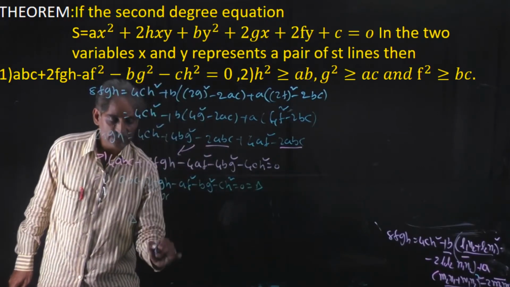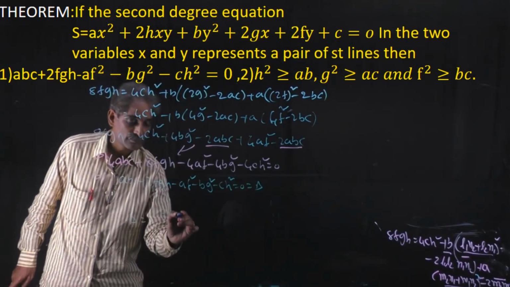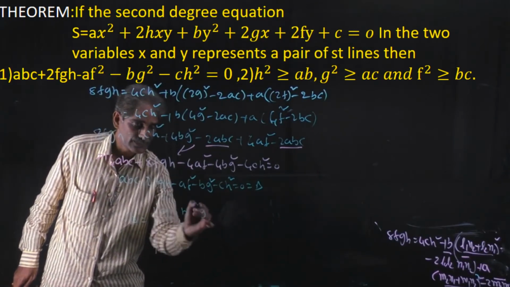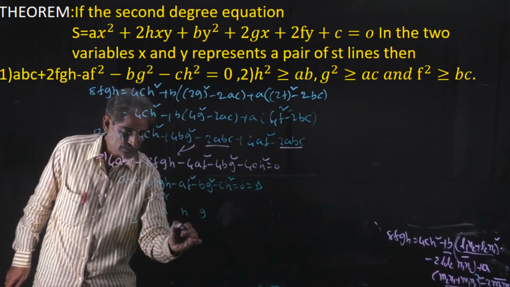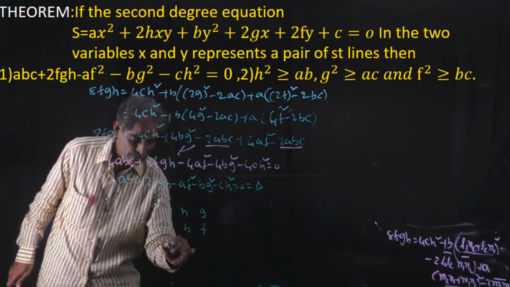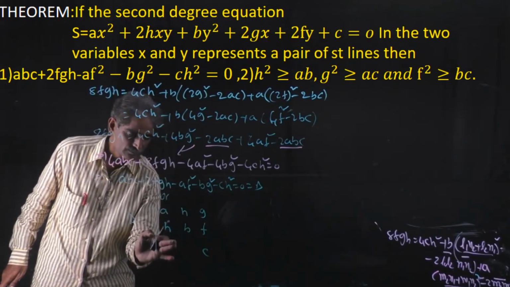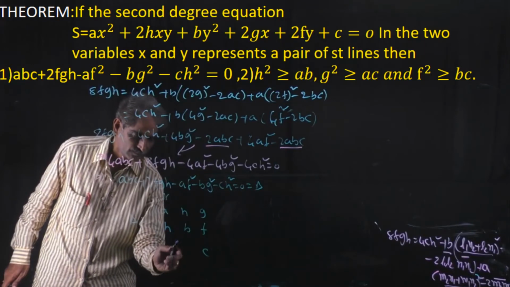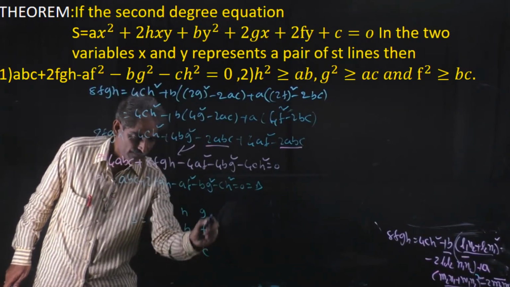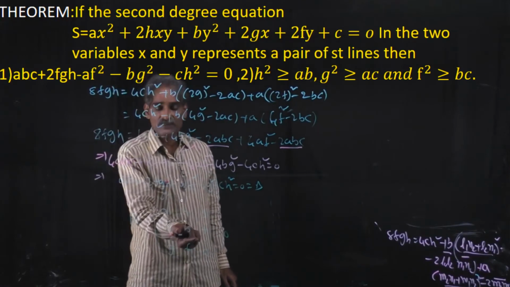This is also denoted by delta. In determinant form, it is the matrix with rows A, H, G; H, B, F; and G, F, C. If you find the determinant of this, we will get the same.